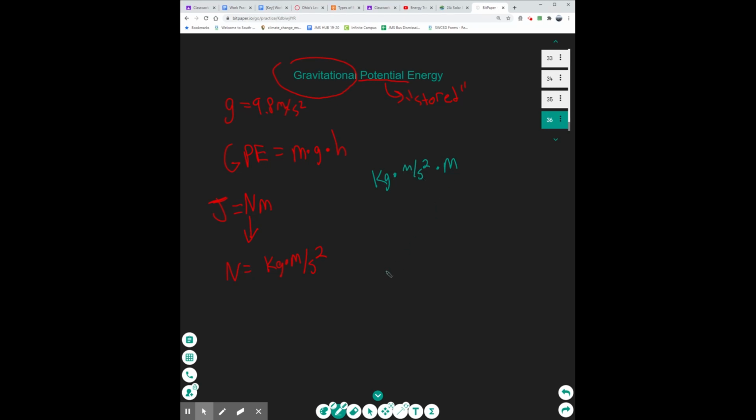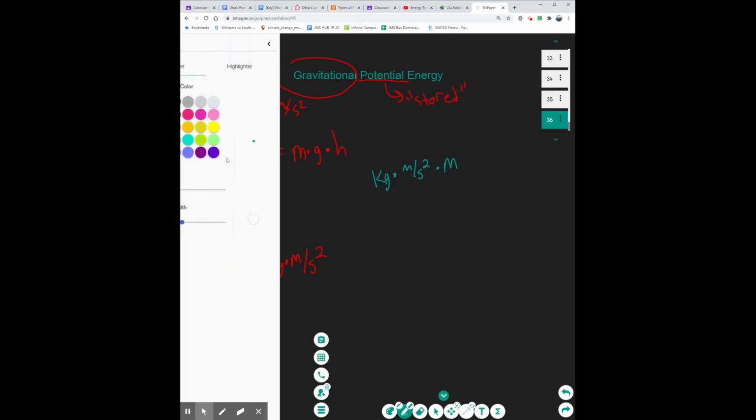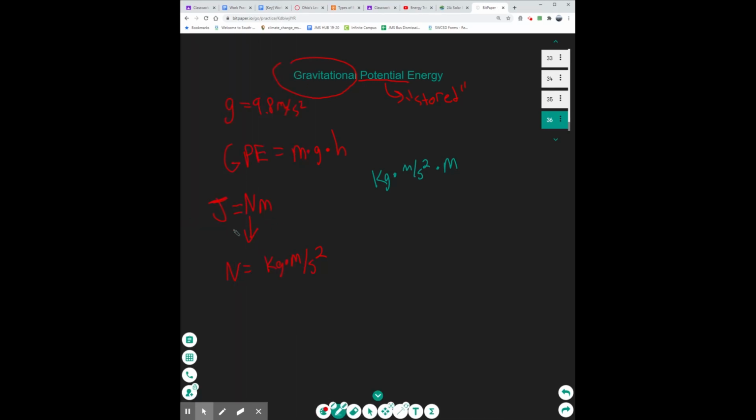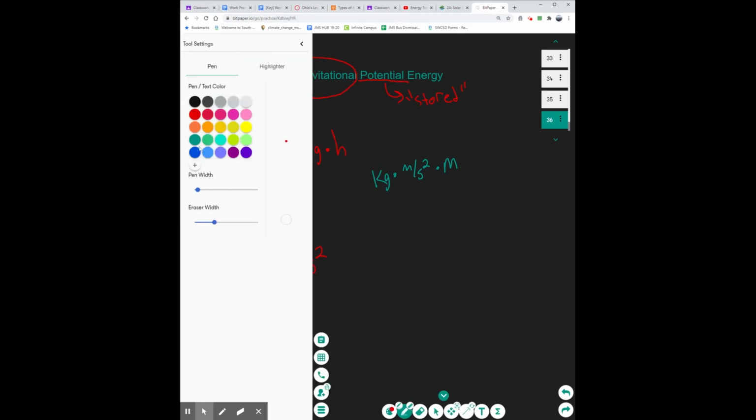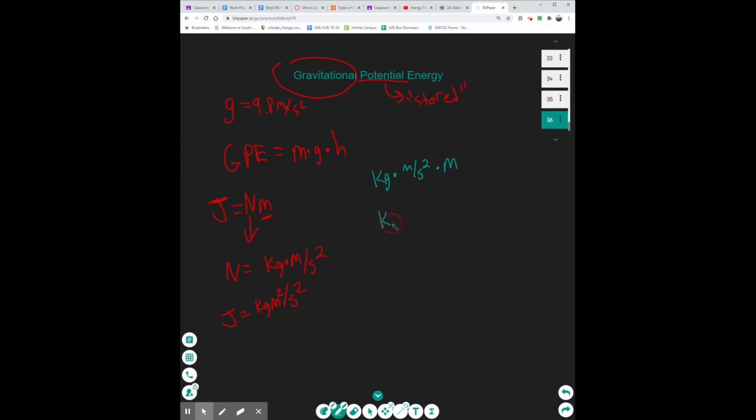According to the work that I did over here, if a Newton is a kilogram meter per second squared and you're multiplying it by another meter here, that means that a joule is equal to a kilogram meter squared per second squared. Let's multiply this whole thing through.